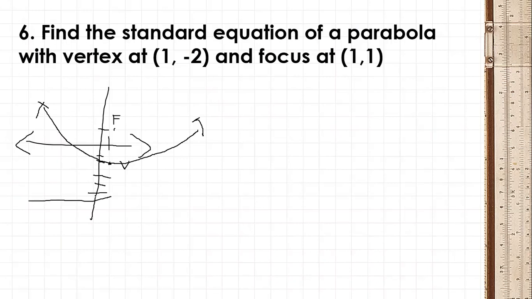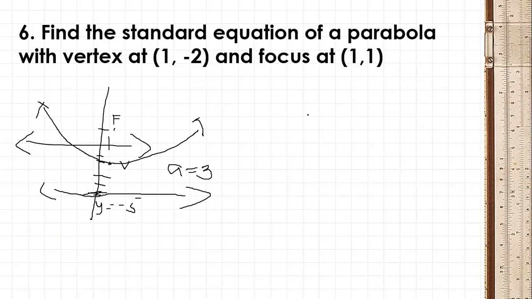So this is our line of directrix: 1, 2, 3, 4, 5. So y equals negative 5. Okay po. Then our a: 1, 2, 3. A is 3.